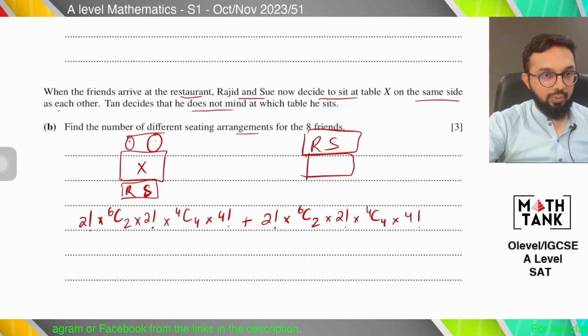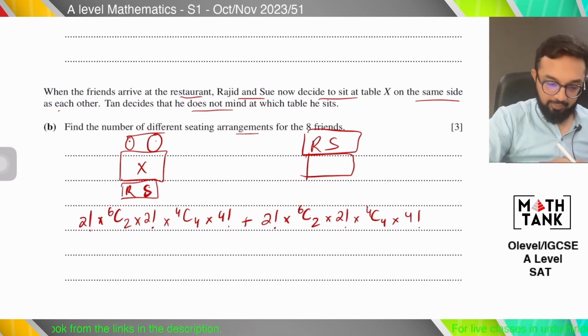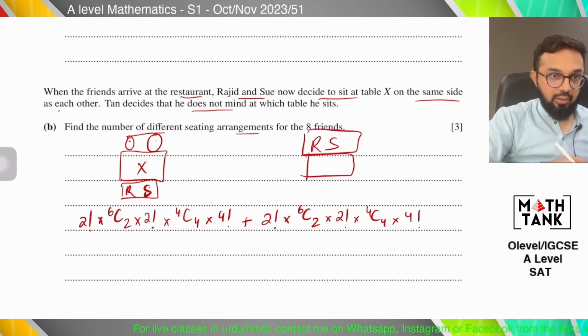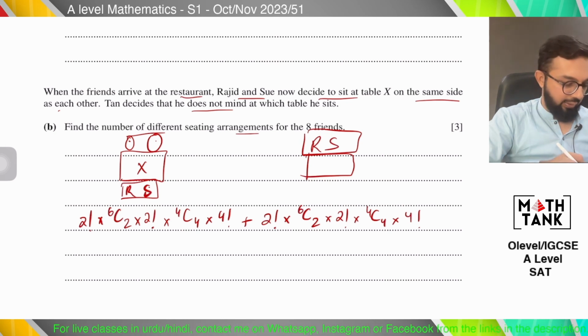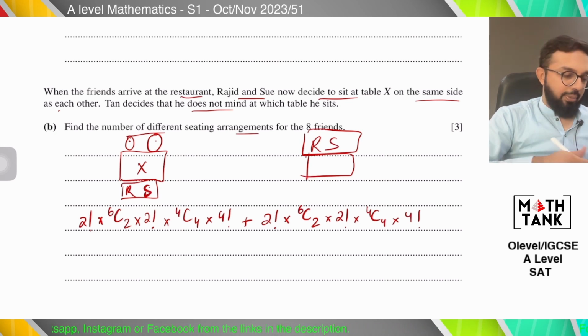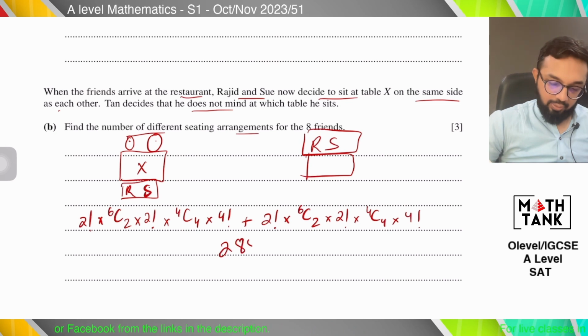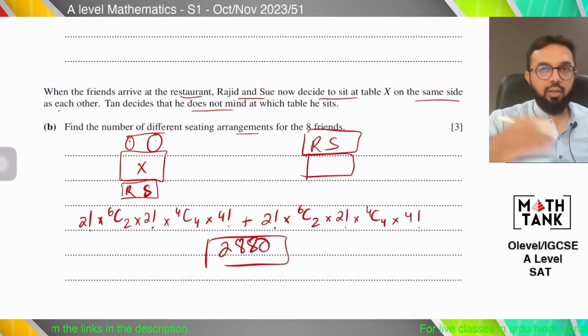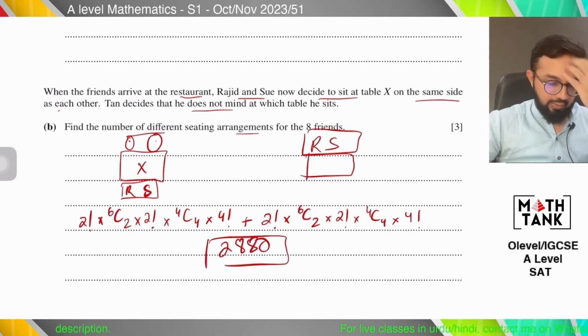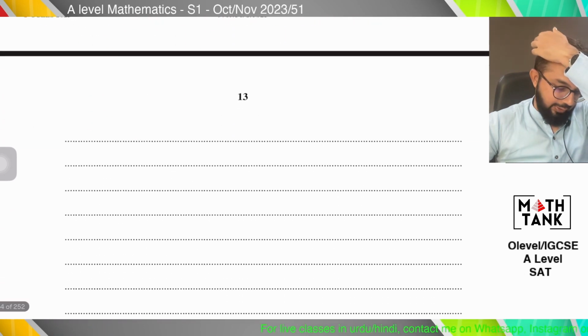I don't know if this is going to give me the correct answer, but let me just try. 2 into 6C2 into 2 into 4 factorial into 2. Yeah, so that gives me a total of 2880. So I've decided I want to have separate cases for Rajan and Sue sitting on different sides.